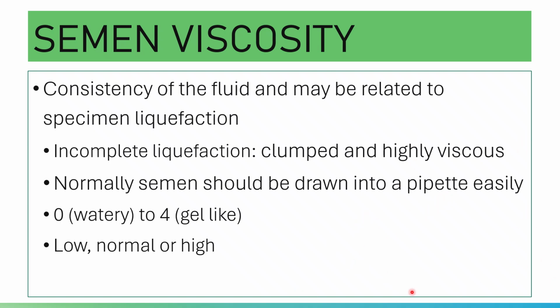The normal value for semen viscosity is a string of less than 2 centimeters, or shorter than 2 centimeters. You can grade your specimen from 0 to 4, with 0 being watery and 4 being gel-like, or you can grade it as low, normal, or high.